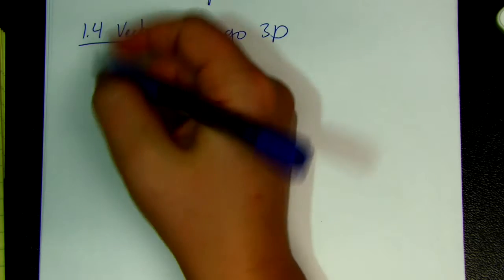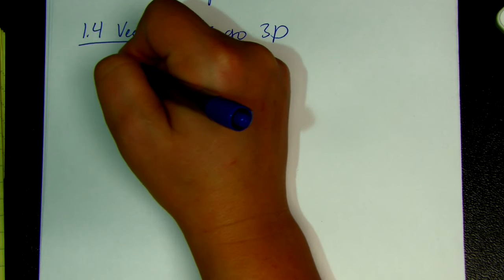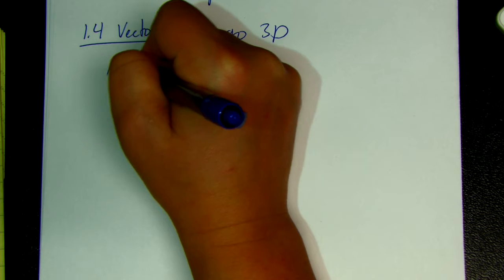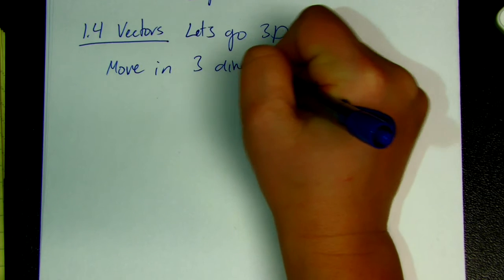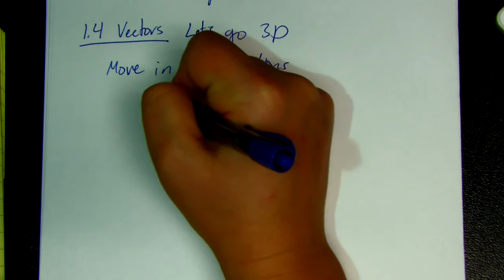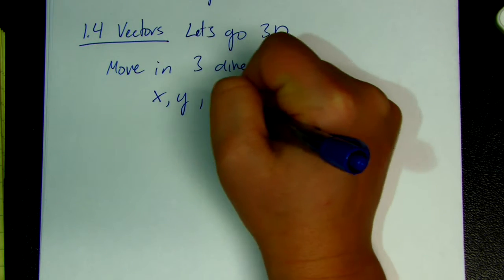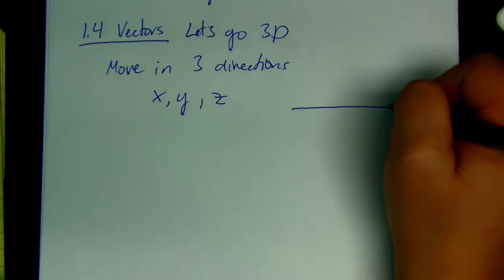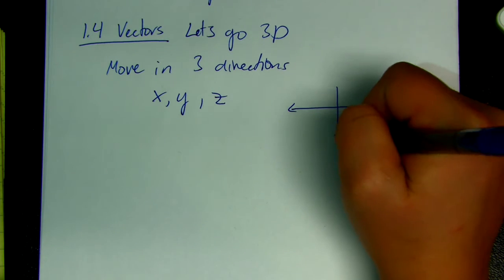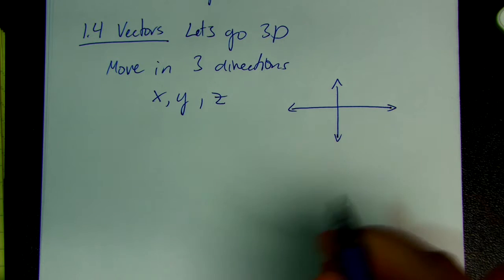So in our everyday life, you move in 3 directions: X, Y, and Z. Typically speaking, our x-axis is here. Our y-axis is typically denoted as up and down, though not always.